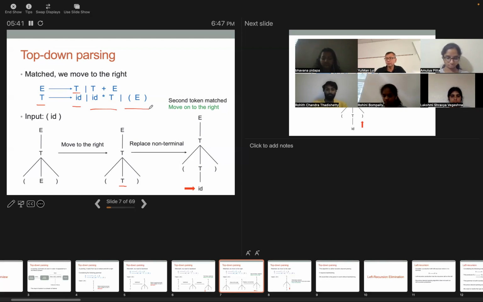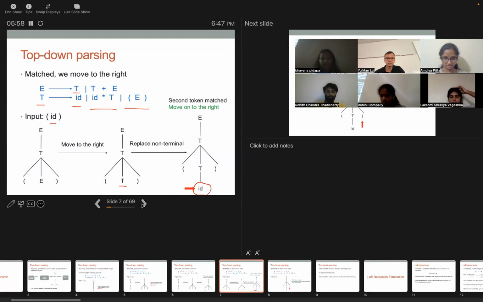We don't know which one, so we choose the first one first. This one's ID, so T is replaced by ID. ID is a terminal, so we match it with our second character, which is ID, which is a match.